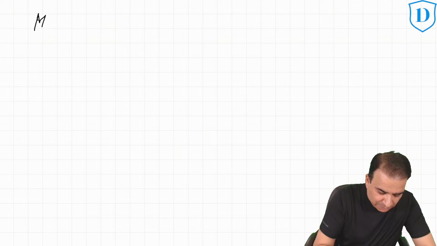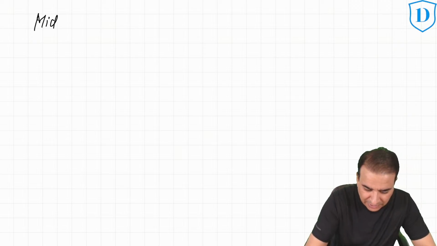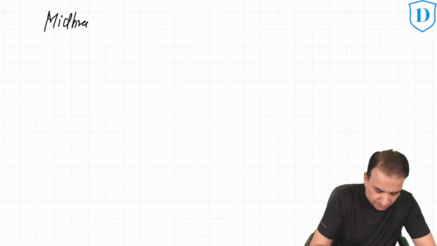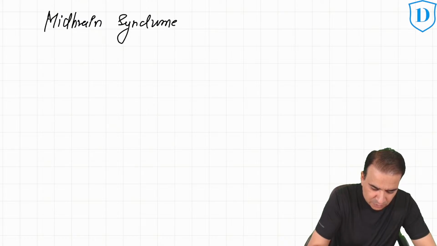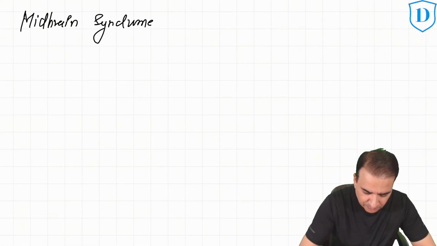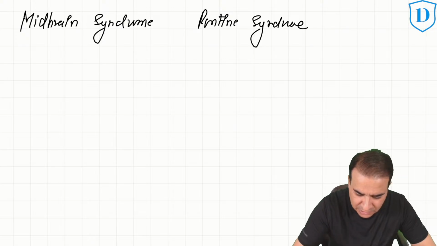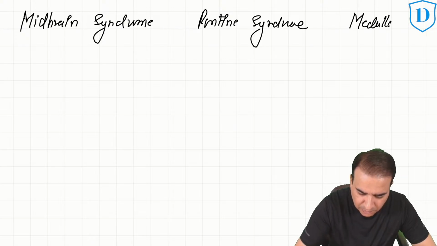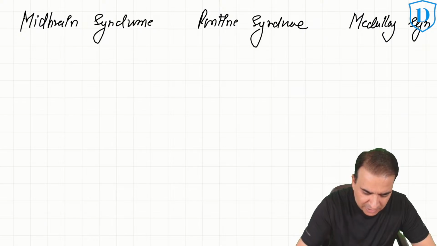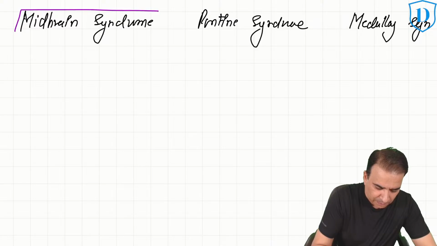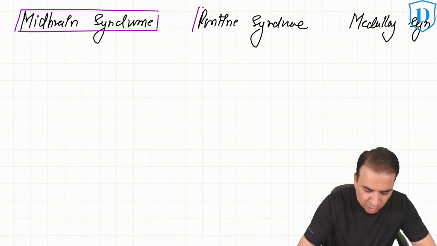So first let me tell you a little about the midbrain. Midbrain syndrome, pontine syndrome, and obviously medullary syndrome, right. So we take all three together: midbrain, pons and medulla oblongata.